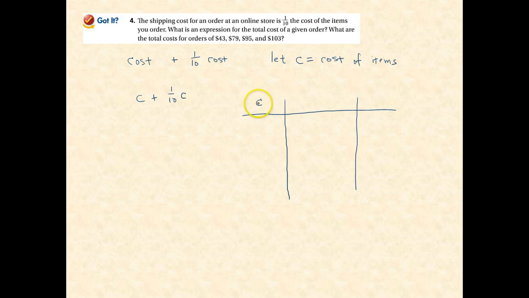Alright, so let's make this table. Our cost over here, the different costs of our orders are $43, $79, $95, and $103. Then the process column is going to be C plus 1/10 of C, and then our total will be what we get when we do the process column. So for 43, it's 43 plus 1/10 of 43.